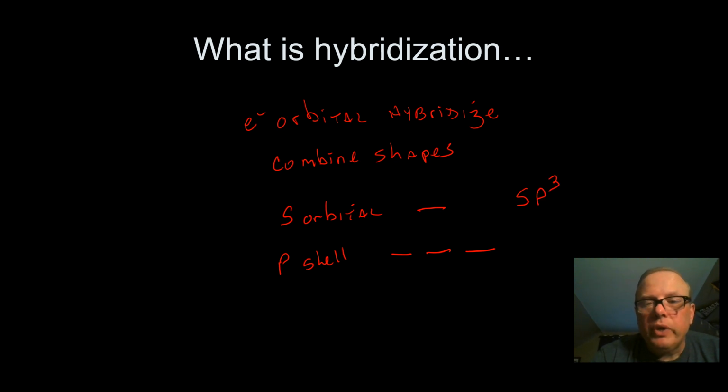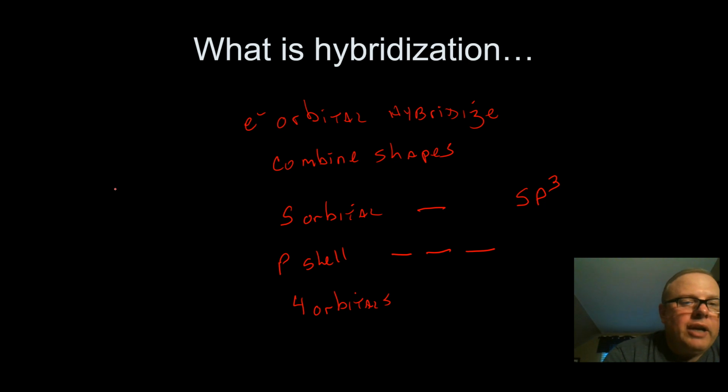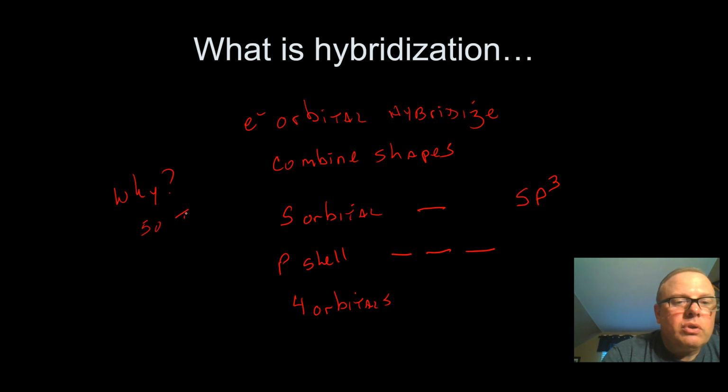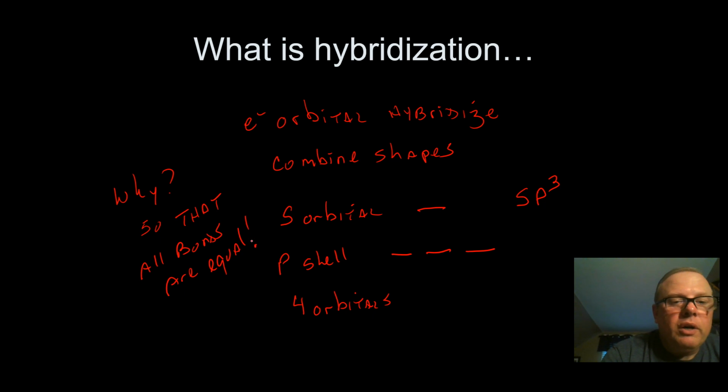So sp3, that means we've got 4 orbitals total, and they're going to share the characteristics of 1 s and 3 p's. So they're going to hybridize together so that they are equal. Why do things hybridize? So that all bonds are equal. Every bond needs to be equal, and they will all be equal distance apart.